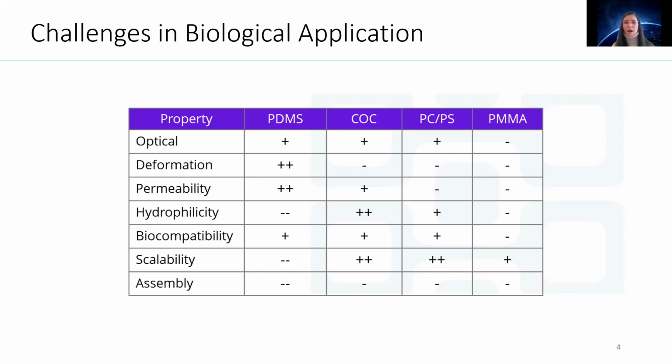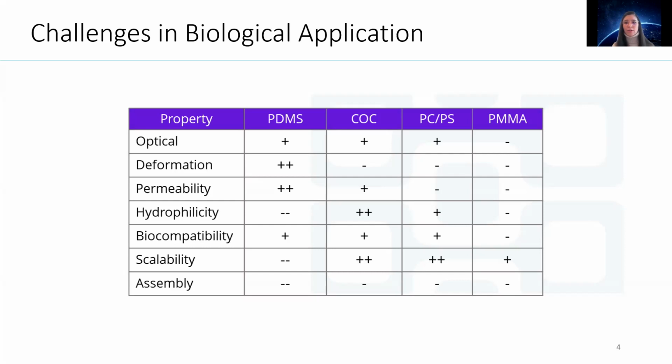And although all of these materials possess advantages for different applications, most of them are going to have drawbacks when it comes to the device fabrication, production, and assembly. So for example, in the case of PDMS, we all know that we need to implement oxygen plasma treatment, which is not ideal for functionalized devices.